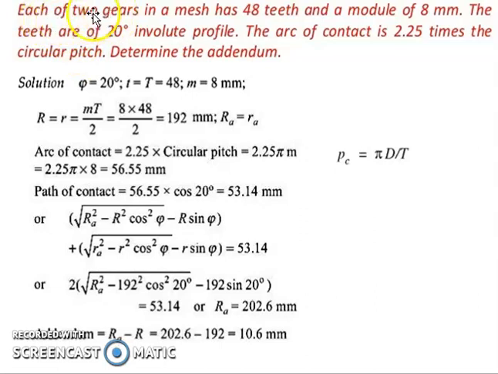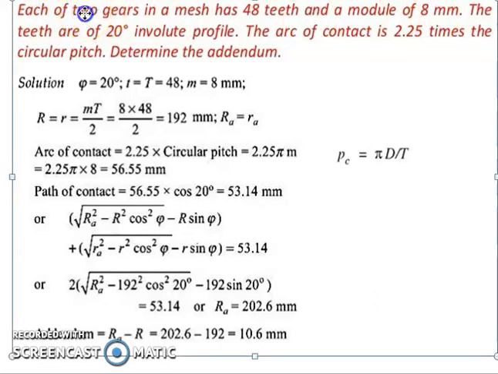Each of two gears, what is given? Each of two gears in mesh has 48 teeth and a module of 8 mm. Each of two gears means both the gears, that is capital T and small t, should be 48, and module of 8 mm, m is equal to 8 mm.